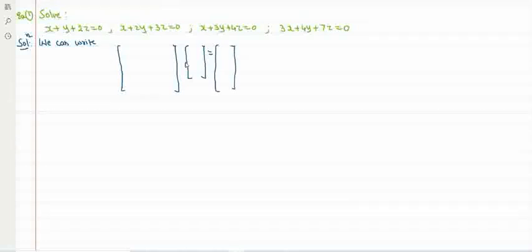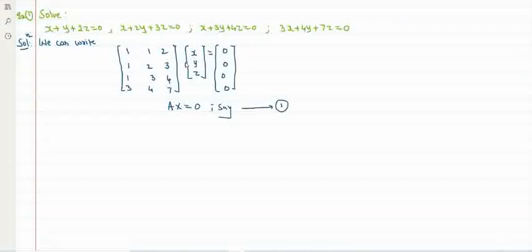From the first equation, the coefficients are 1, 1, 2, 0. 1, 2, 3, 0. 1, 3, 4, 0. 3, 4, 7, 0. And this system I will denote as Ax equal to 0.